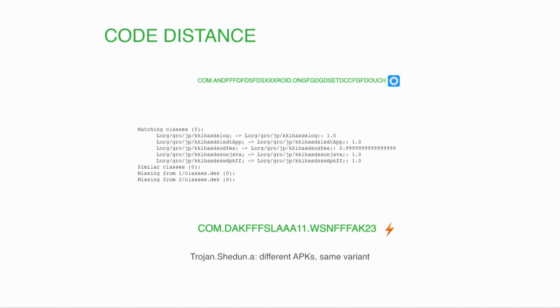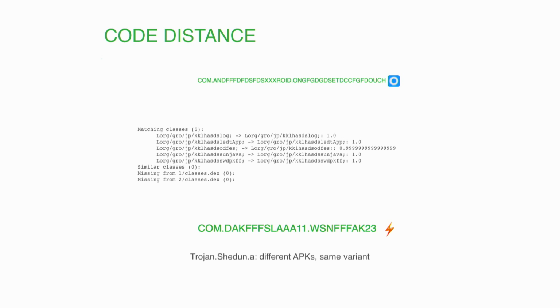The main way that we do this is through code distance. We have a number of different metrics where we will analyze all of the code in an Android application from the classes.dex, and we will look at it on a class-by-class basis using a fingerprint that we decide based on a representative application. And we can see the distance from the original based on the number of metrics that we have.